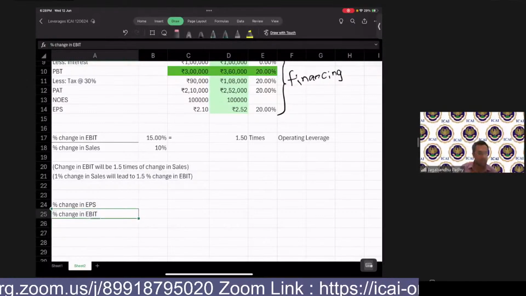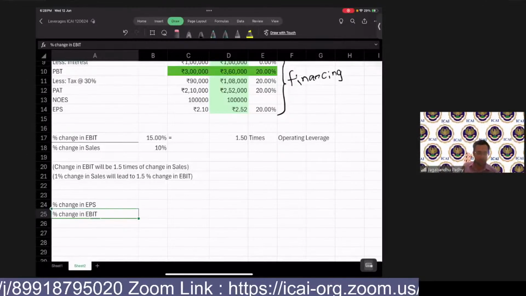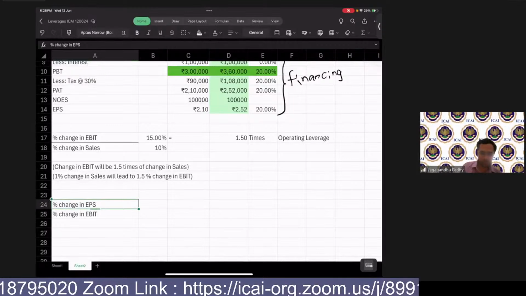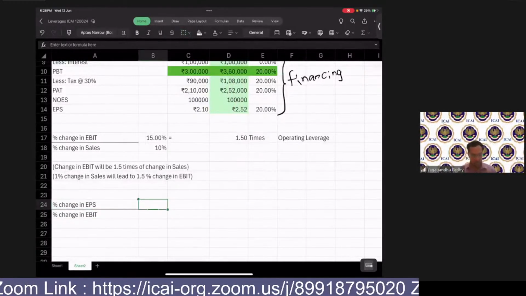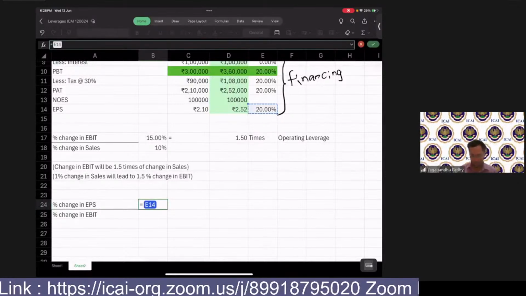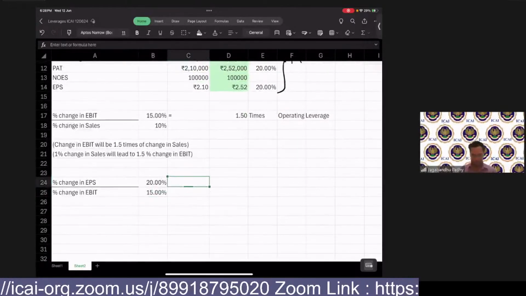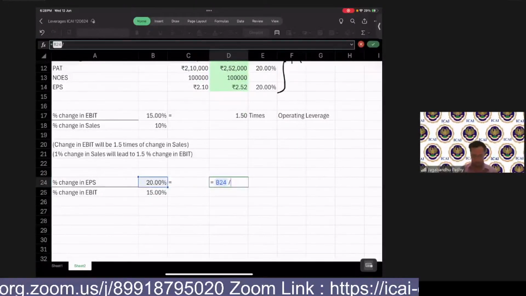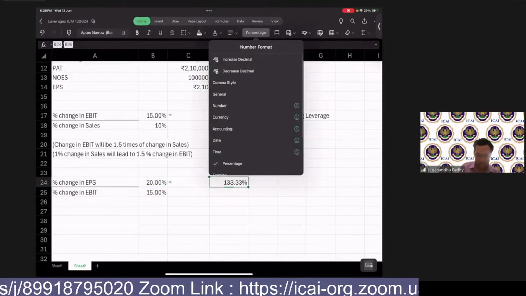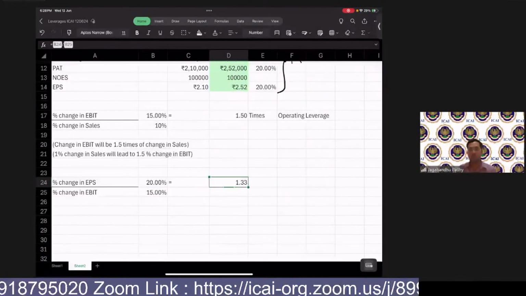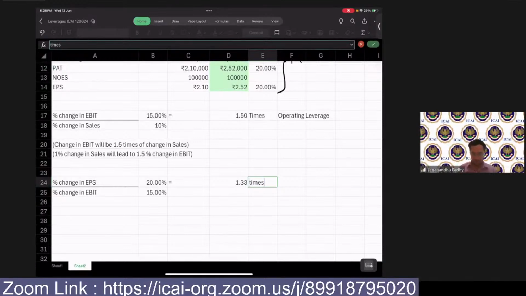So whatever is the percentage change in EPS due to the percentage change in EBIT, we are looking at the financing component of our financial statement. In this case, the percentage change in EPS is 20%, on a percentage change in EBIT of 15%. Let's calculate it: 20% divided by 15%. In terms of times, we get 1.33 times.